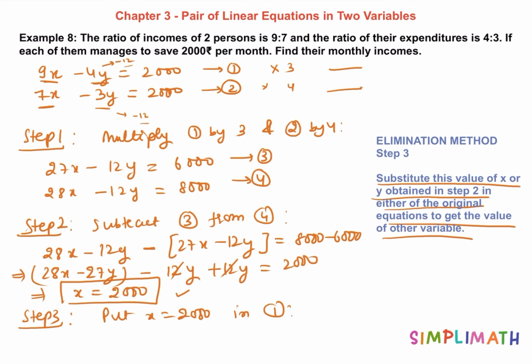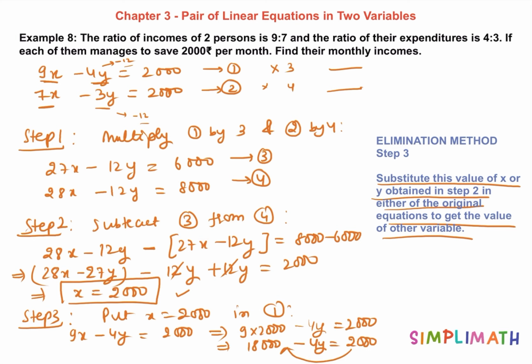So we have 9x minus 4y is equals to 2000. So if we put the value of x, we have 9 into 2000 minus 4y equals to 2000, right? So this can be written as 18,000 minus 4y equals to 2000.